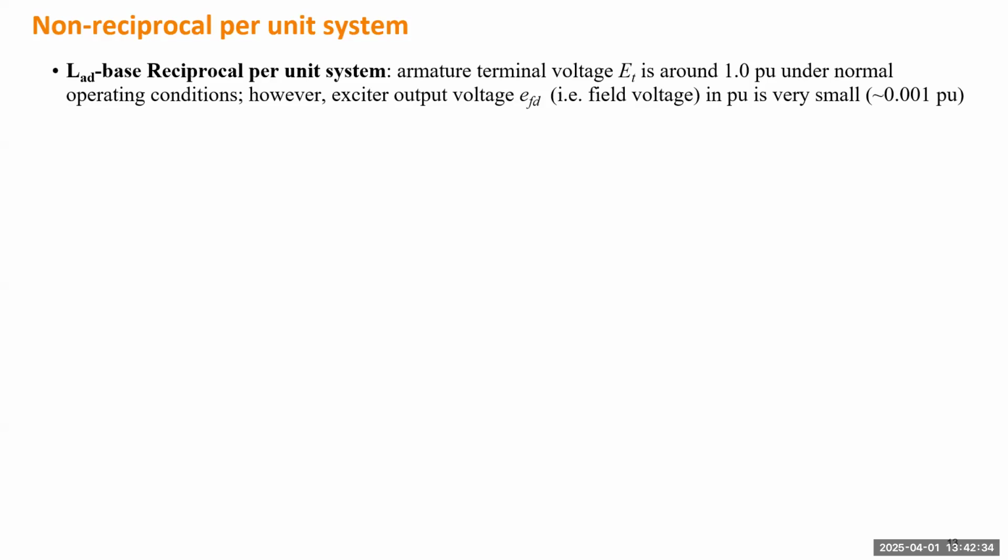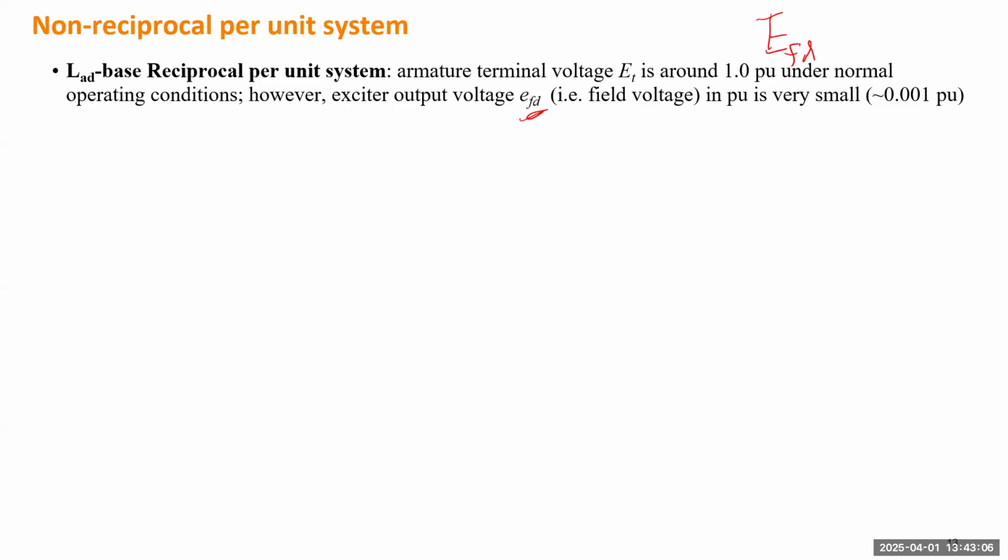There's one step where I didn't use this EFD. EFD is the field voltage. I used something like a capital EFD. I said using this capital EFD makes the entire equation somehow simpler, and it is actually the conventional way to model generators with an exciter. So I'm going to explain why we need to do such a translation.